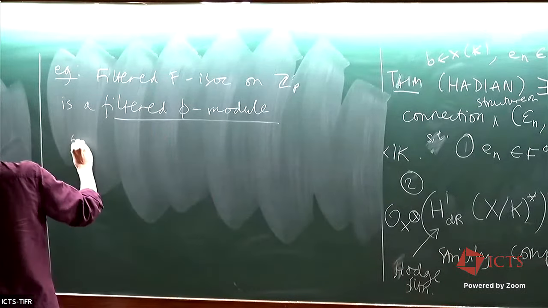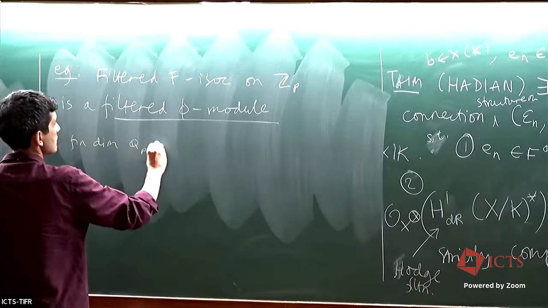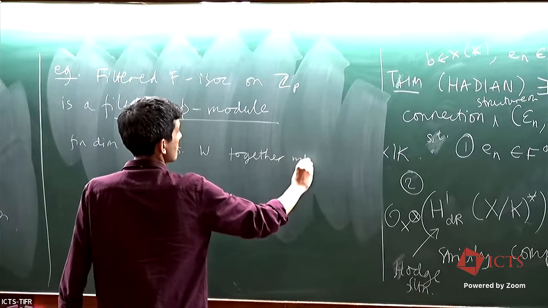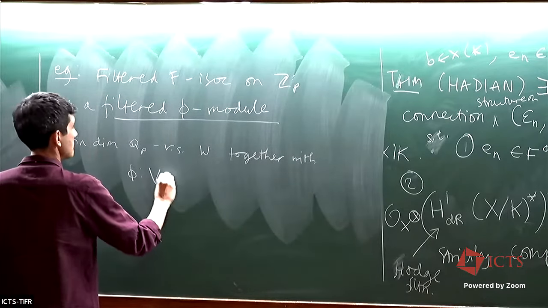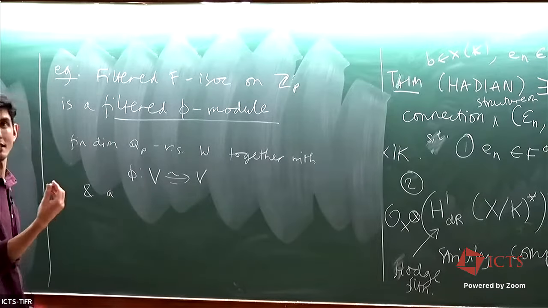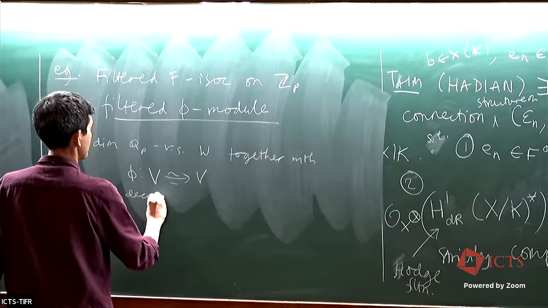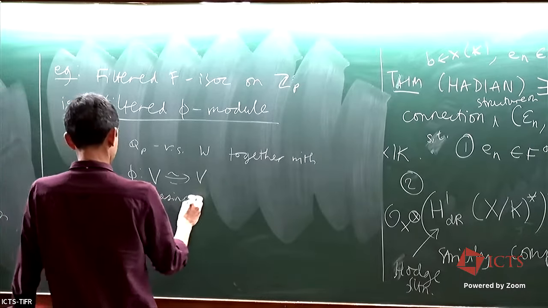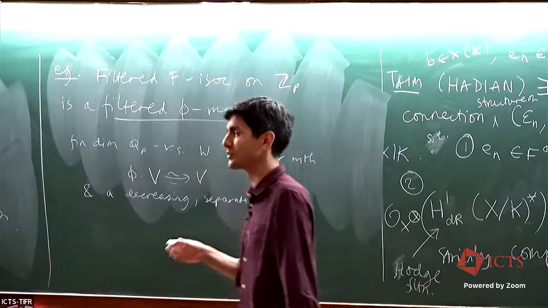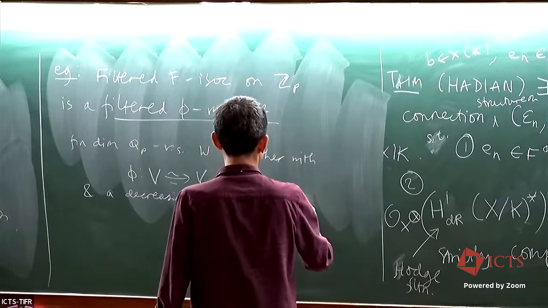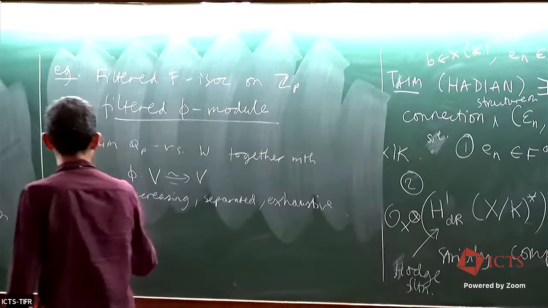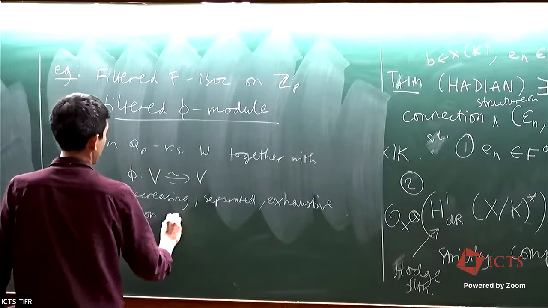That's a finite dimensional vector space together with an automorphism called Frobenius and a filtration like the one I described, so decreasing, separating, exhaustive. I think I called it an exhausted filtration. Maybe that's how we're all feeling after this hard work this week. Exhaustive filtration.